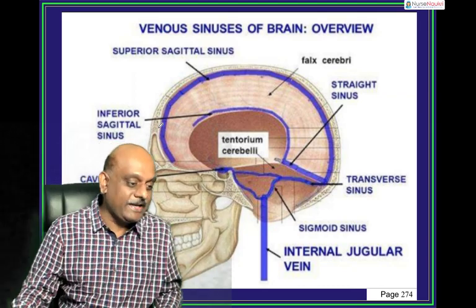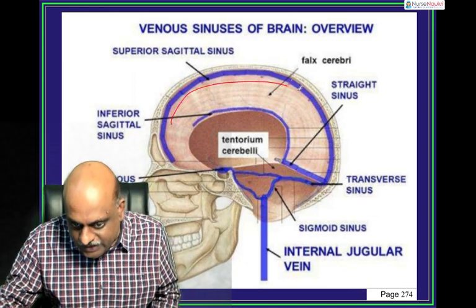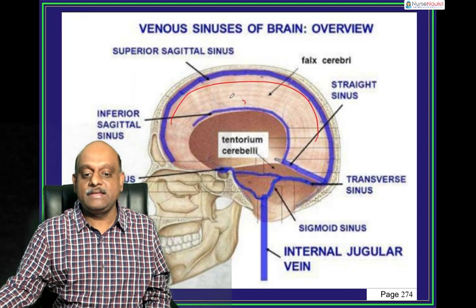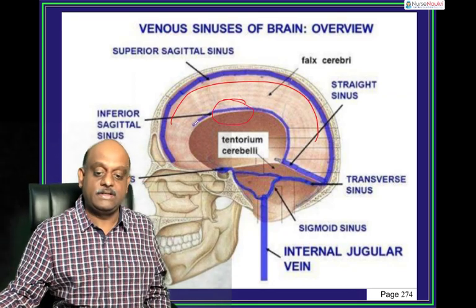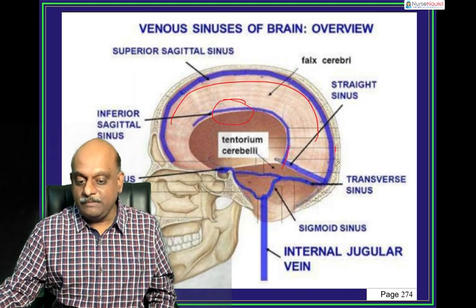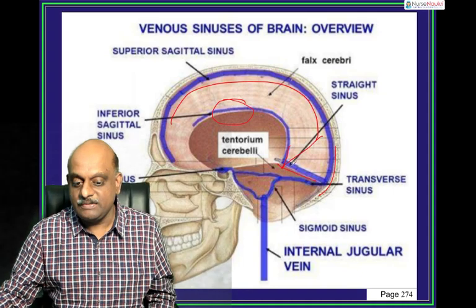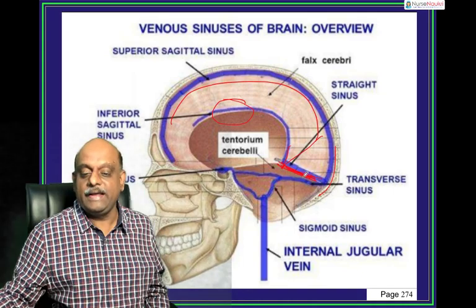So that's important. So doc, this is the superior sagittal sinus and this is the inferior sagittal sinus. Then both of them, it is the straight sinus, which is the connecting link.